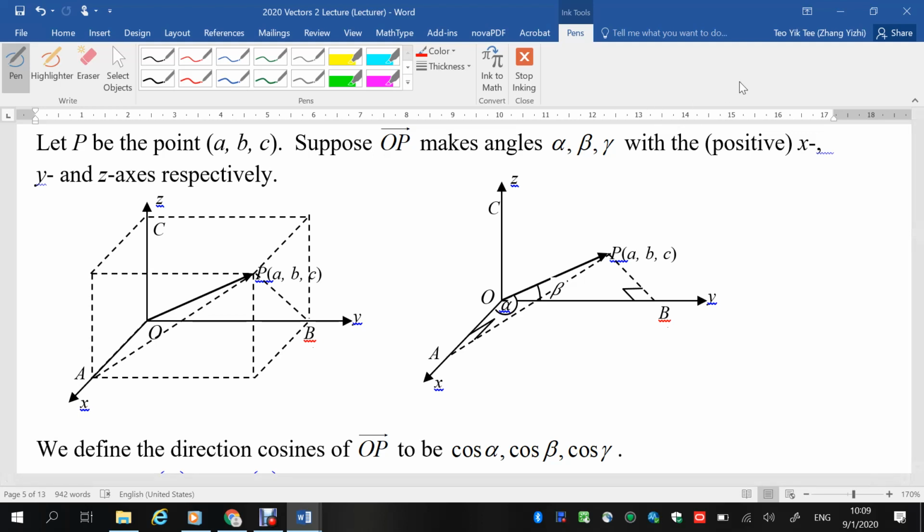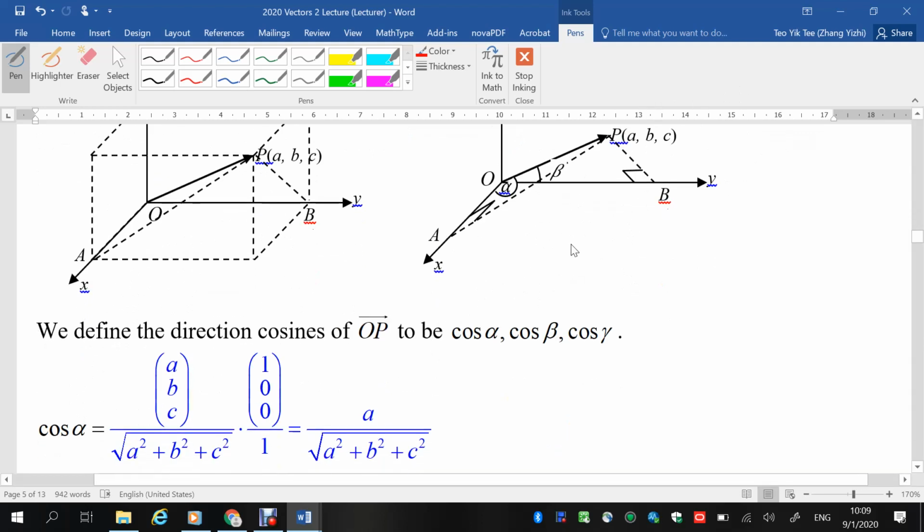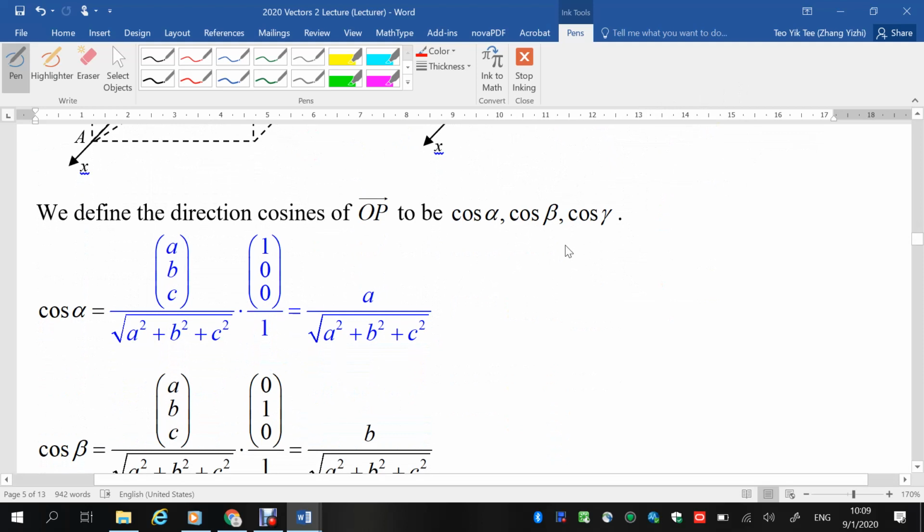Okay? So there are certain properties pertaining to your directional cosine. How to get cosine alpha is given in this formula: a divided by square root of a squared plus b squared plus c squared. Okay, so just take it down first.